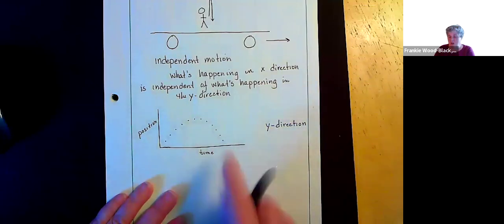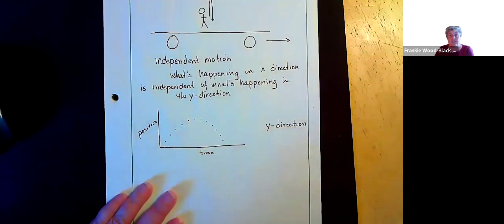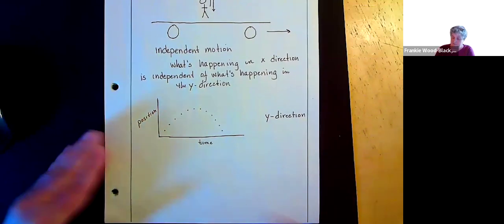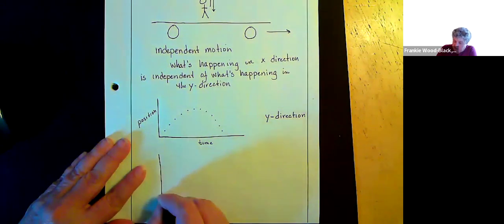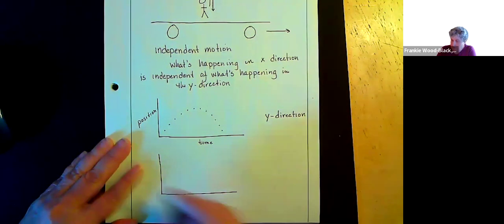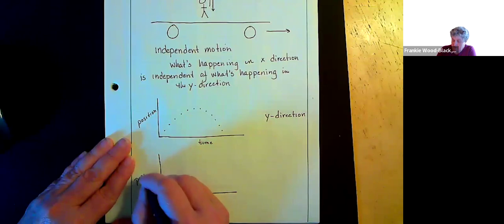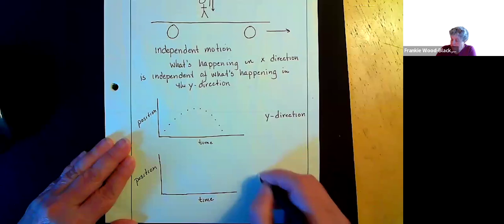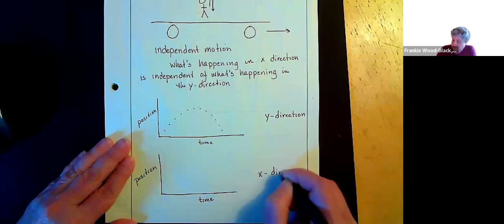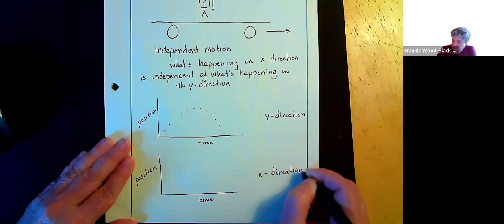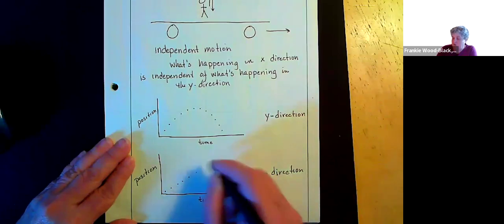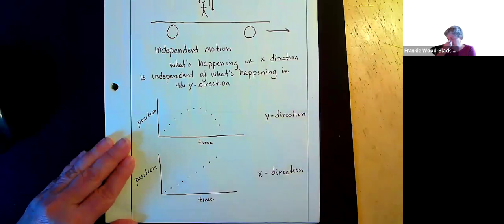My basketball followed that kind of a curve, and you actually got that data and showed that the data did that. But if I looked at it in the X direction, you actually saw this. Position got further away as we moved across the page.